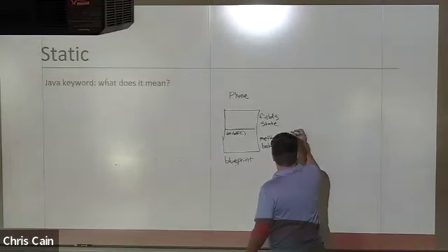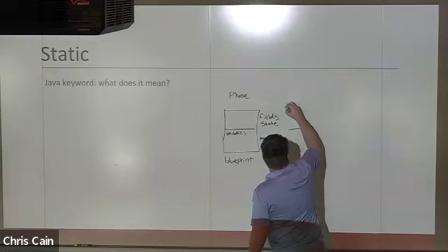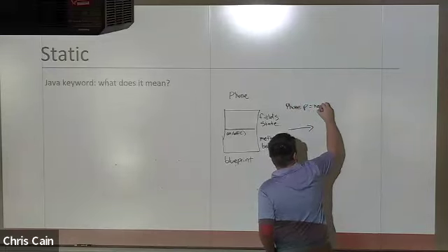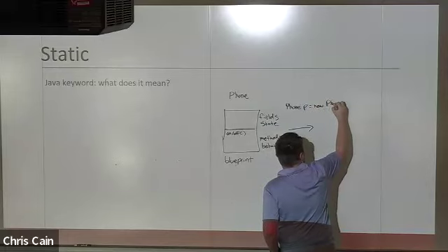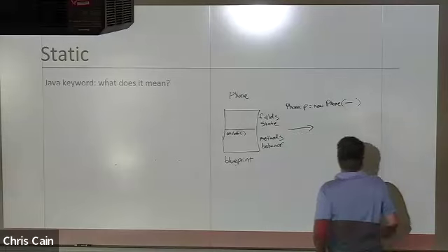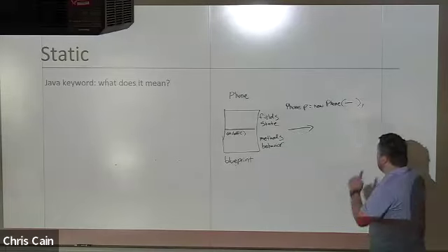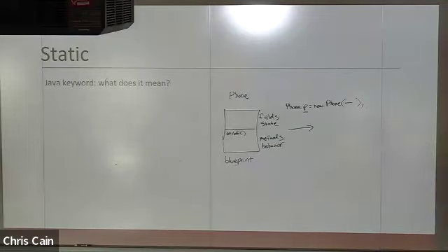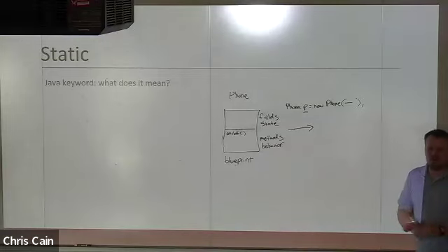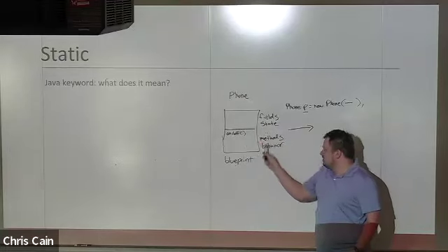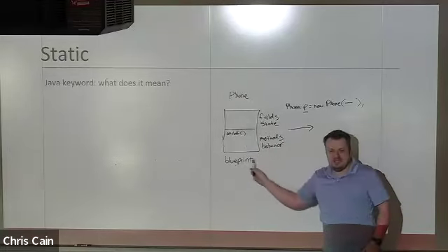So when we instantiate and say something like phone P equals new phone, and we call the constructor, maybe it has some stuff happening in here, we get back a particular phone. This represents my phone or your friend's phone, but it represents a particular phone. And that phone has particular state, and it has particular behavior that's based on this.